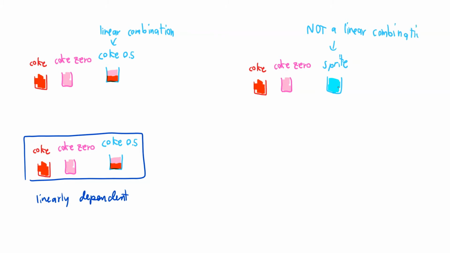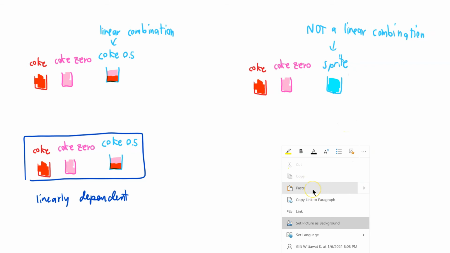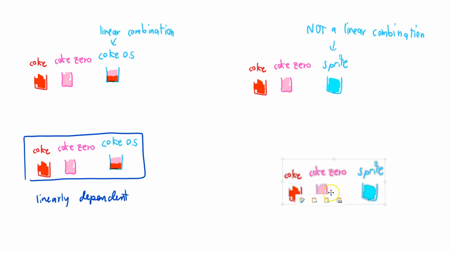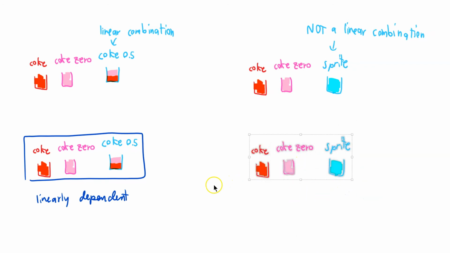So it would seem as if I really add something new to the market, and if I put these three together in a set, they are going to be linearly independent.